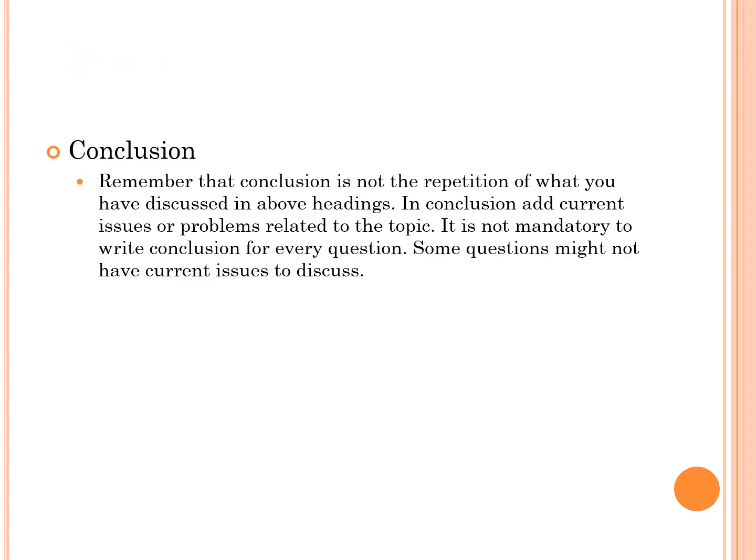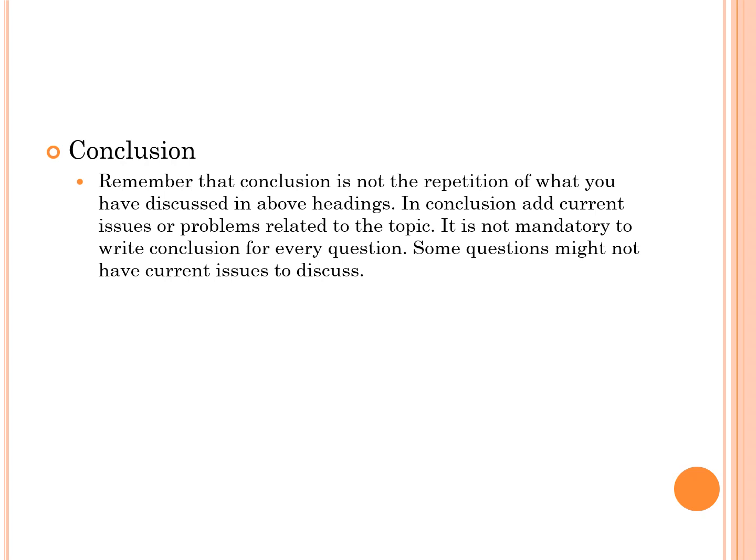Then lastly, after the purpose, essentials, and the effect, comes the conclusion. In the end, the student must conclude the question, and the conclusion is not a repetition of what you have already discussed, but you must highlight in the conclusion what the challenges are in these essentials. There may be some issues relating to changes which are required.